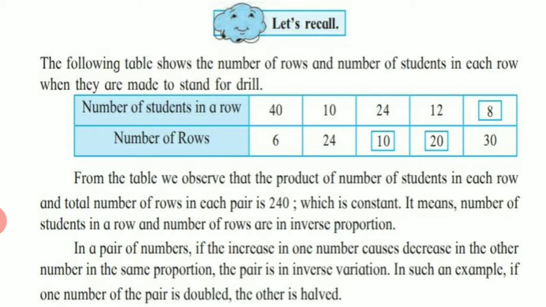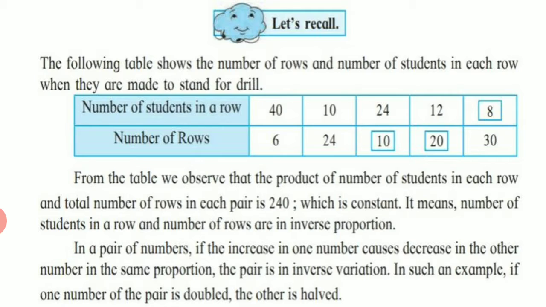Now let us recall. The following table shows the number of rows and the number of students in each row when they are made to stand for a drill. In one school there is a drill, and in this school there are a number of students.